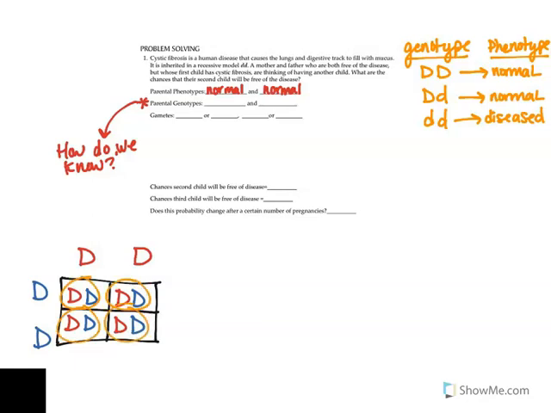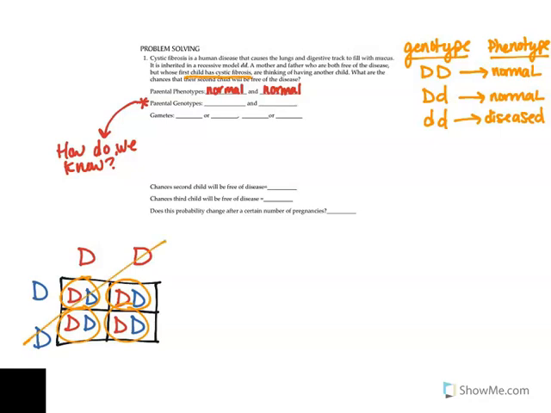So these parents, if they had these genotypes, would never get an individual with cystic fibrosis. They just don't have the alleles to give cystic fibrosis. Well, this couple did have a child with cystic fibrosis, so this is not going to be the genotypes of the parents.